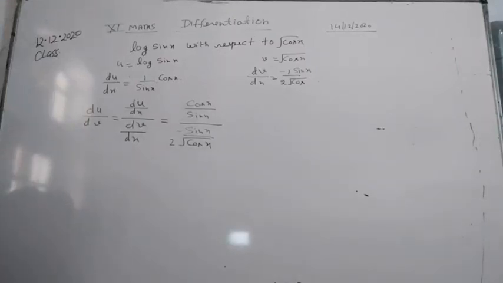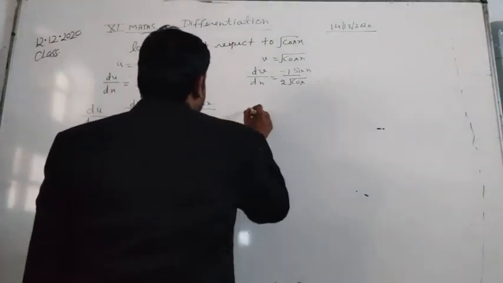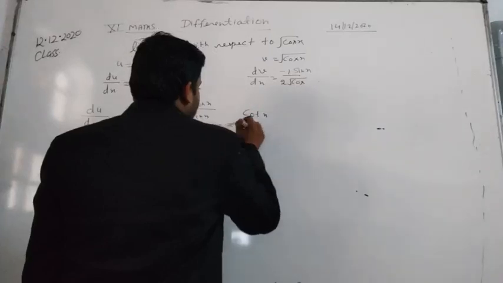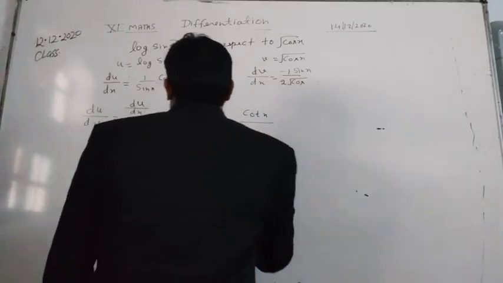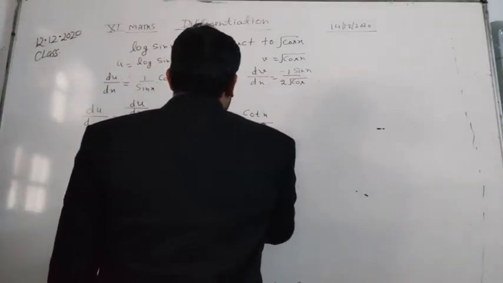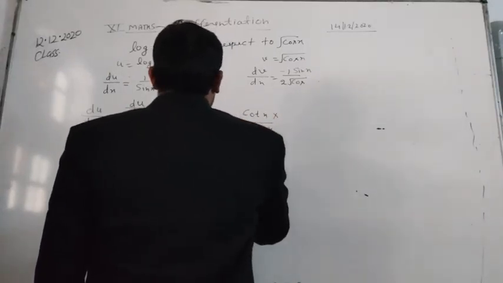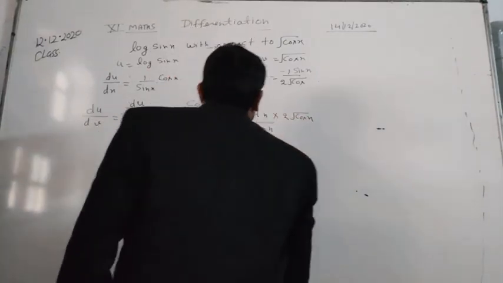Now what we will write? This is cot x, and by minus sin x, and this is 2 root cos x.